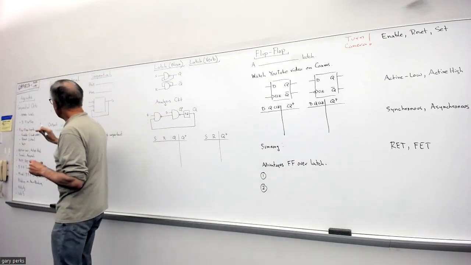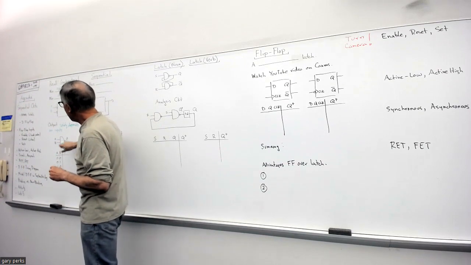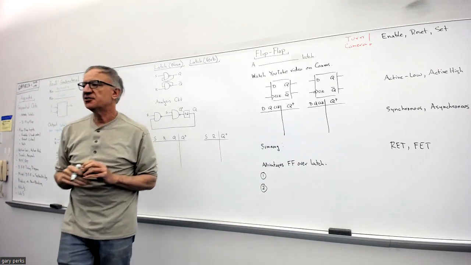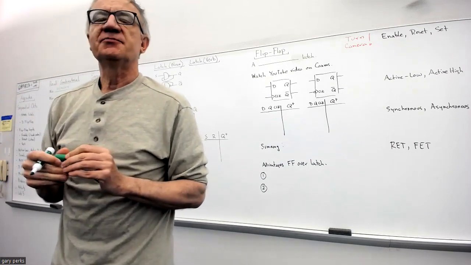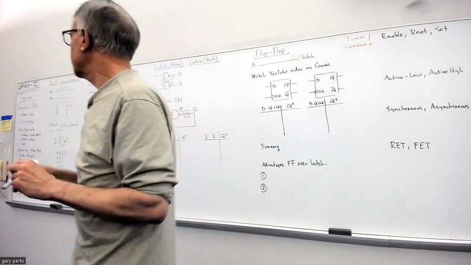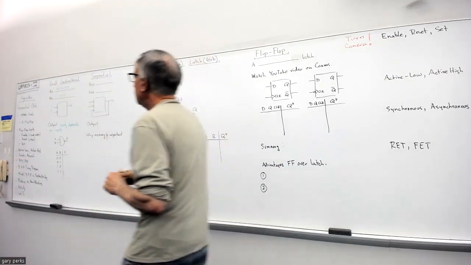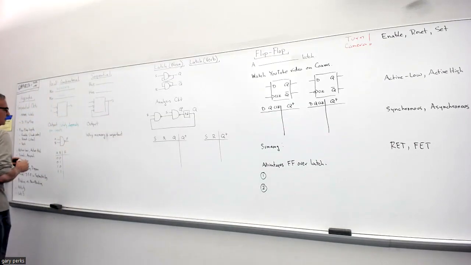Also, before we talk about sequential circuits, I also just want to remind you of the NAND gate, because we're going to have a circuit that has a NAND gate. So do you remember the truth table for a NAND gate? 1, 1, 1. Yeah, you only get a 0 out when all inputs are 1, right?